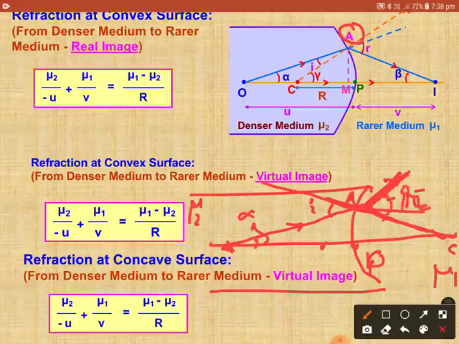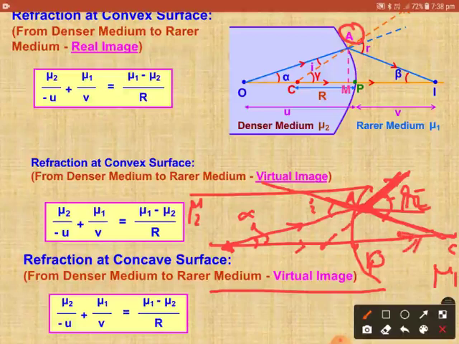So this refracted ray seems to be coming out from somewhere here on the principal axis. Another ray which passes through the pole to the center of curvature goes straight onto the principal axis without any bending. So this refracted ray also seems to be coming out from this point somewhere here. So your image will be formed here. So this will be your beta, this will be your gamma here.